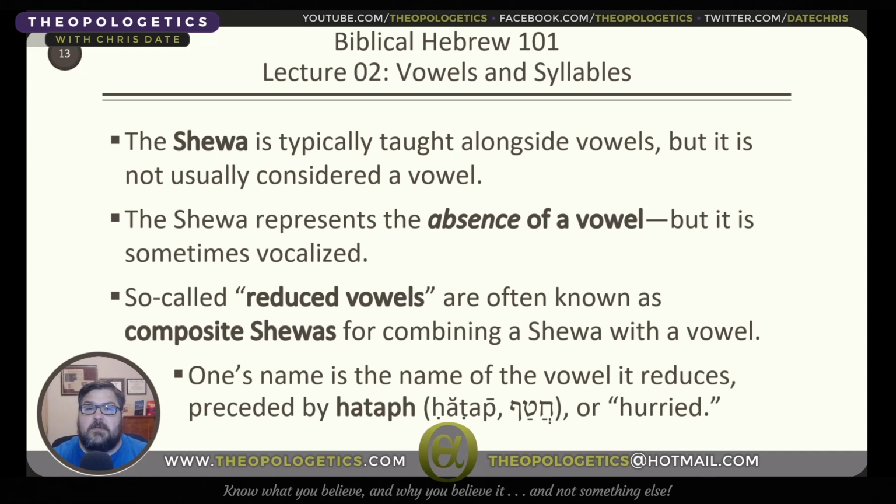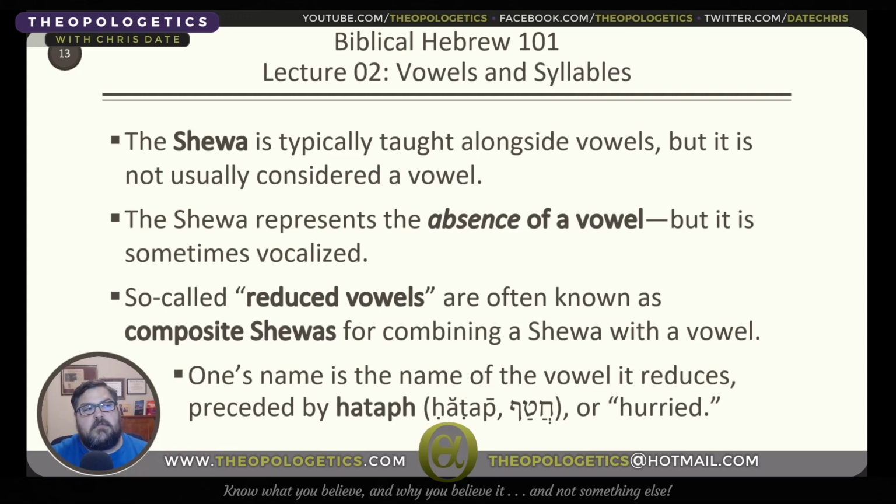And in these reduced vowels or composite shavas, the name of the composite shava or reduced vowel is the name of the vowel preceded with the word chataf, meaning hurried. So in your grammar, you're just told this is called the chataf segol, the chataf komets, whatever, and now you know why it's called that and how that can help you to remember the sound produced by these composite shavas. They're like hurried versions of the vowels that they combine with the shava.